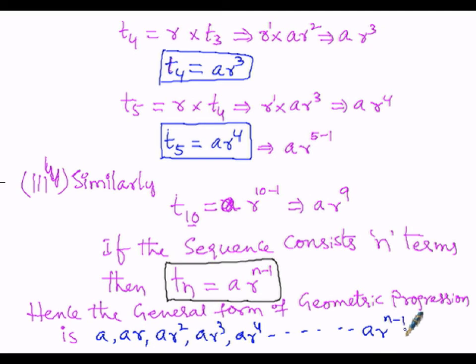If this sequence consists of n terms in it, then the nth term will be AR to the power of n minus 1. So this is the general form of the geometric progression.